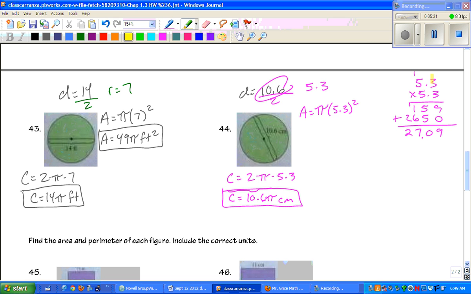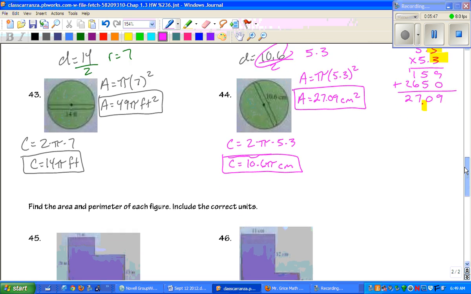And you get two numbers behind the decimal. That's why it goes right there. So our area equals 27.09 centimeters squared. All right.